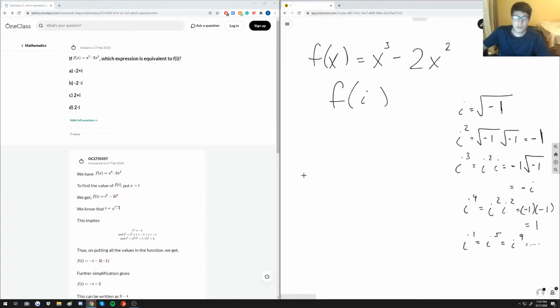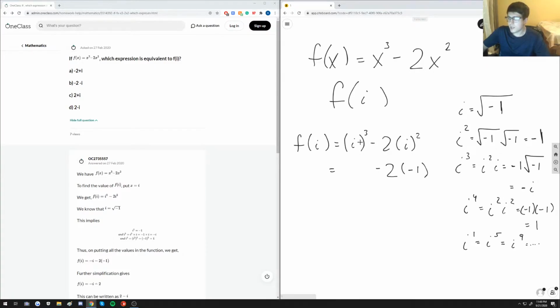So getting back to it, by substituting in i into this equation, we get i cubed minus 2 i squared. And if we just look at the exponent values of i that we just found, we see that i squared right here is equal to -1. So we know that we can just substitute in -1 for this i squared.